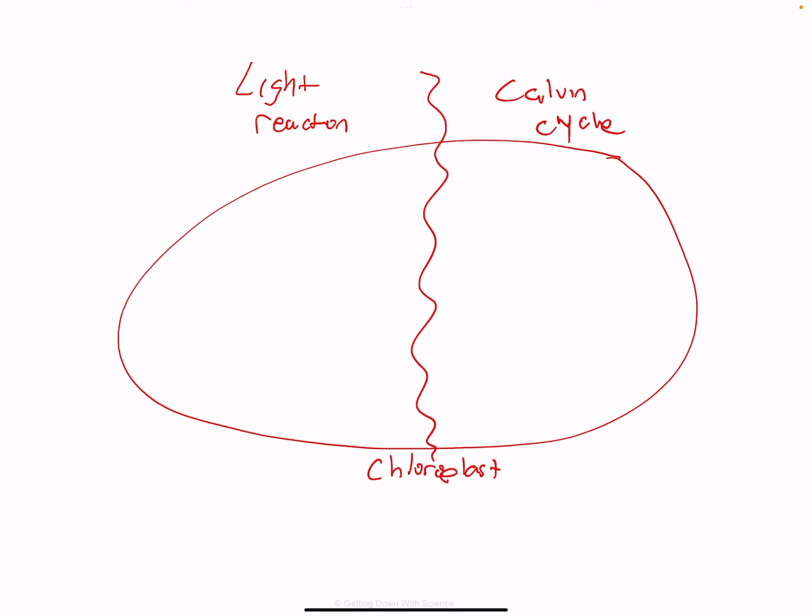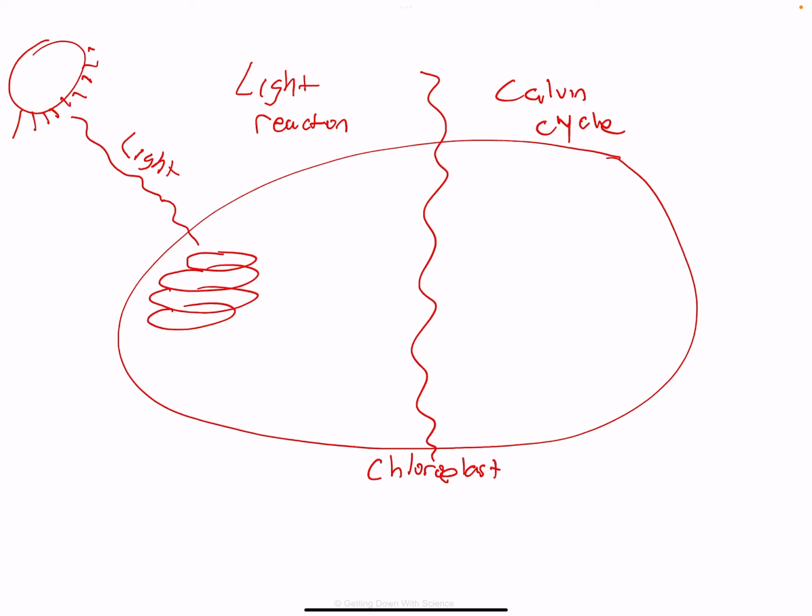Okay. So the first thing that happens, everyone, is there is a sun, right? And that sun is going to emit rays of light. Now, in the chloroplast, there's going to be different types of structures. The first structure, as we've already decided and defined, are going to be your thylakoids, right?